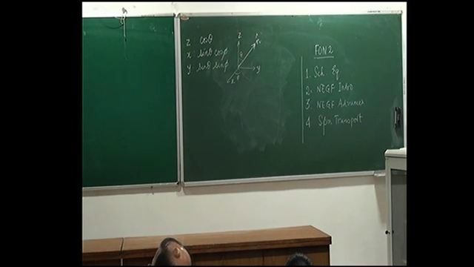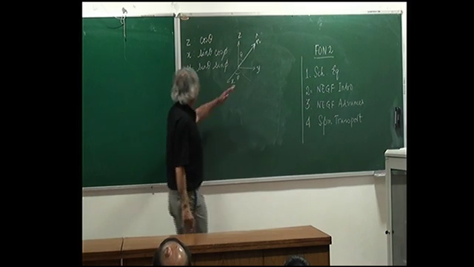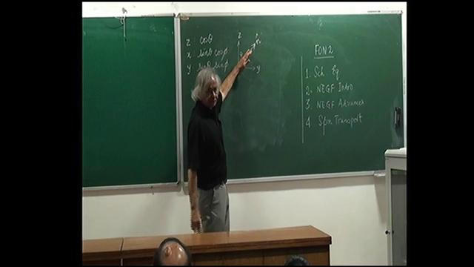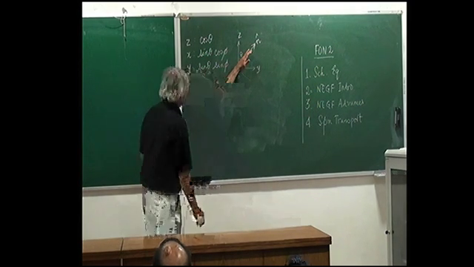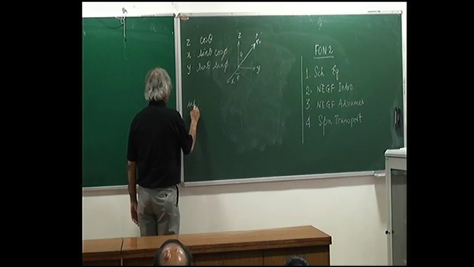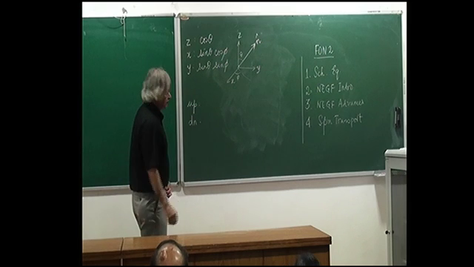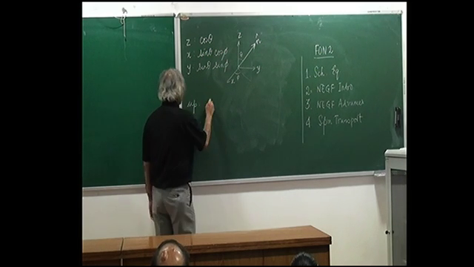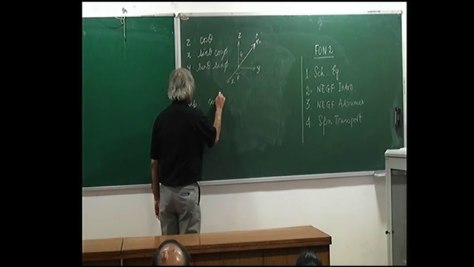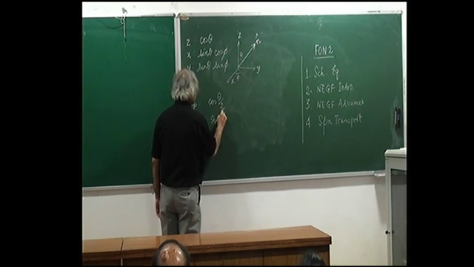Now, if you had a spinor with the electron spin pointing in this direction, it has an up component and a down component. There are only two components, and those two components are actually cosine half theta and sine half theta.